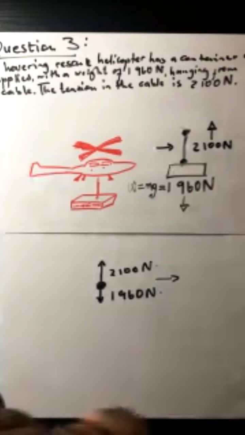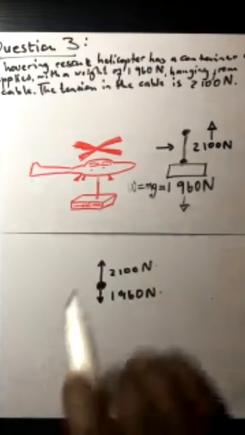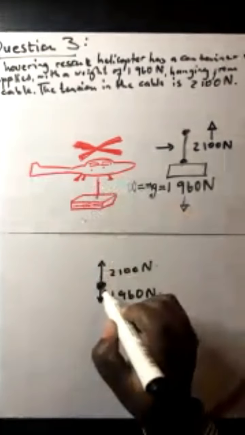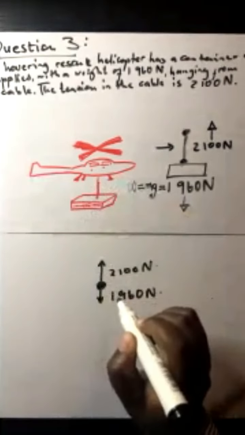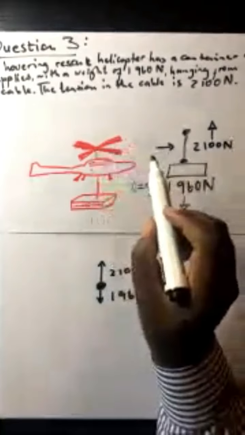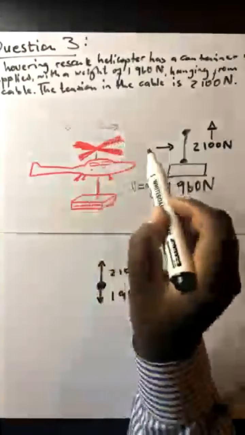So whoever said the right side, remember, guys, this container can only move up or down. That helicopter is not moving sideways. It's not moving in that direction or in that direction.